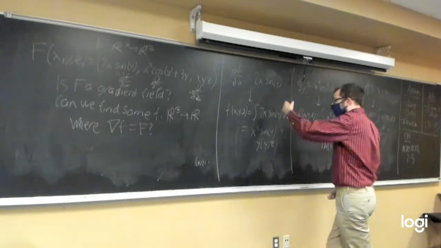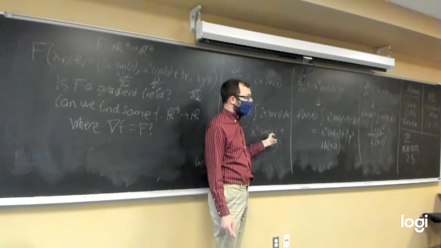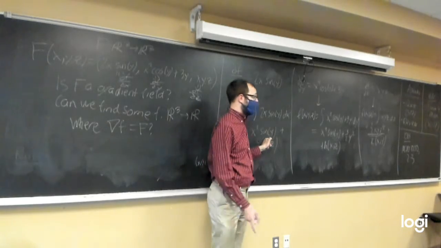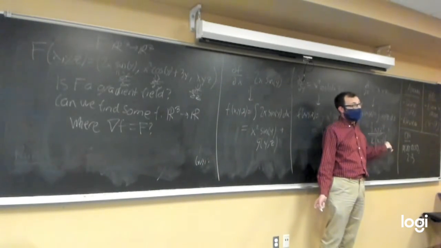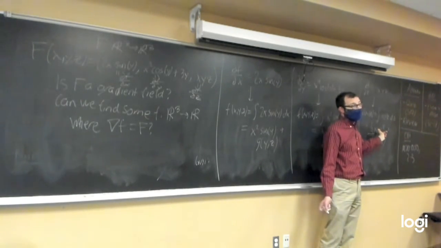Specifically because what we found here told us that the only term that can have x's showing up in it is a term that has x squared sine of y. But here we're saying our function has to have another term with x's in it, namely 1/2 xyz squared.